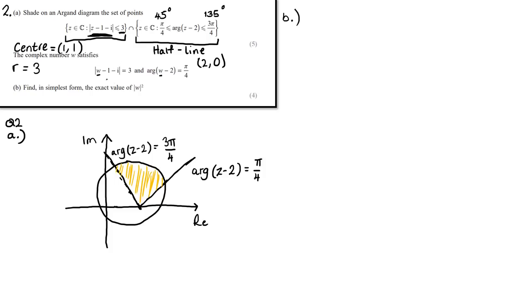So what we're saying here is the complex number W lies on the circle here, on the circumference of this circle, and the argument of W minus 2 is equal to pi over 4. So that lies on the half line here. And if it lies on the circle and the argument of W minus 2 is equal to pi over 4, then there's only two possible places this could be.